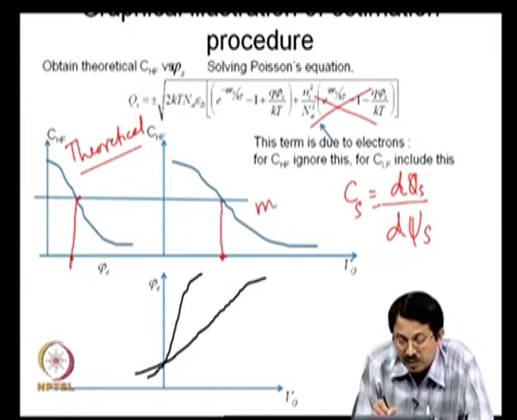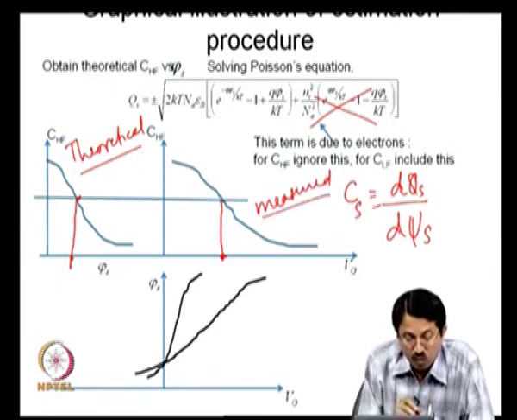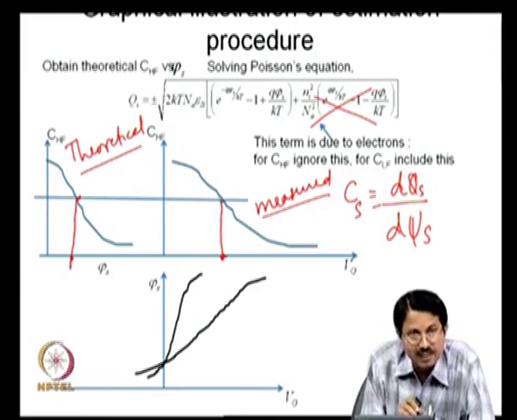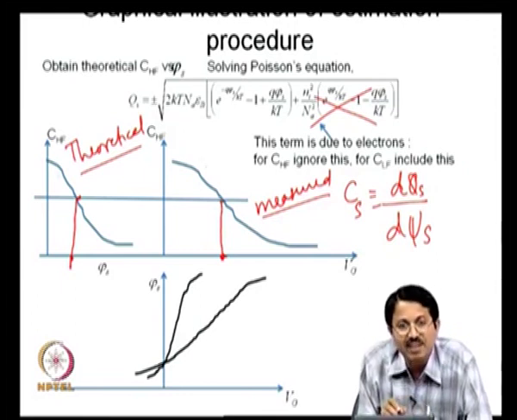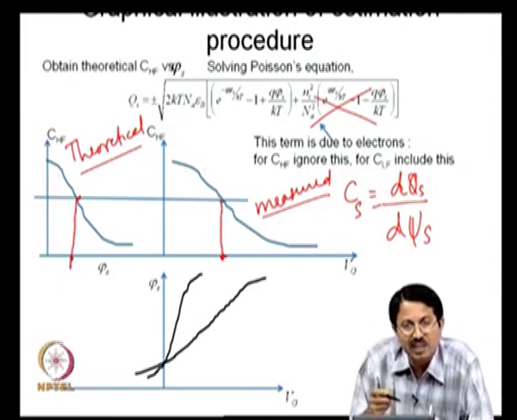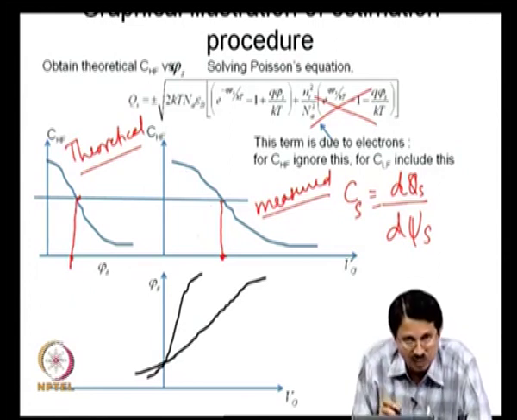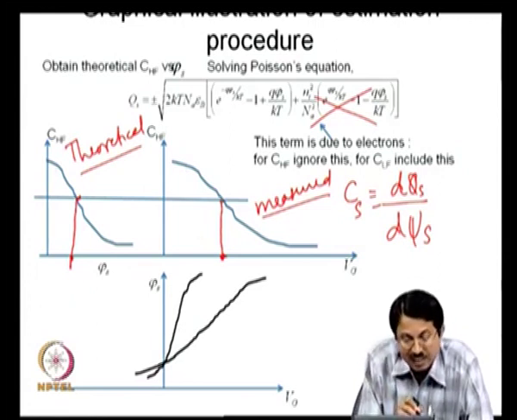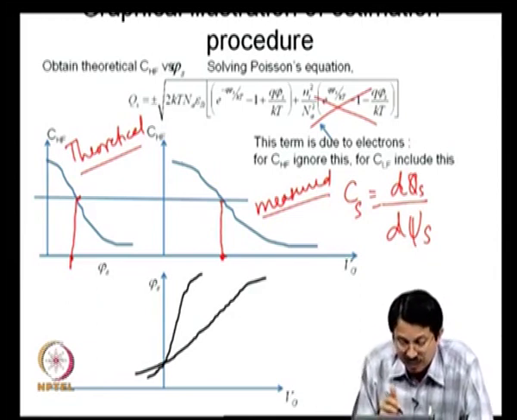This is your measured curve. Okay. So, for every value of psi s, you can either do it graphically, but you do not want to do it manually, again a very simple program can be written to do that. Every value of psi s will have a unique value of Vg, and in other words what you have generated is really psi s versus Vg.